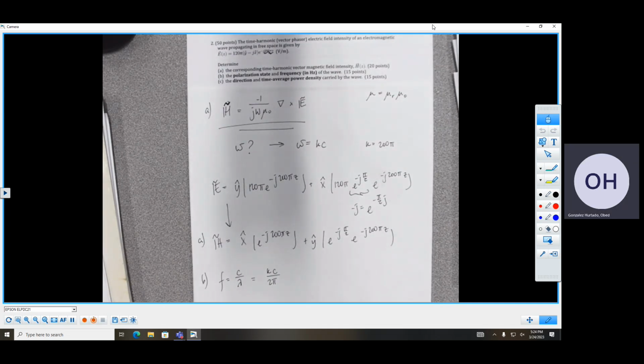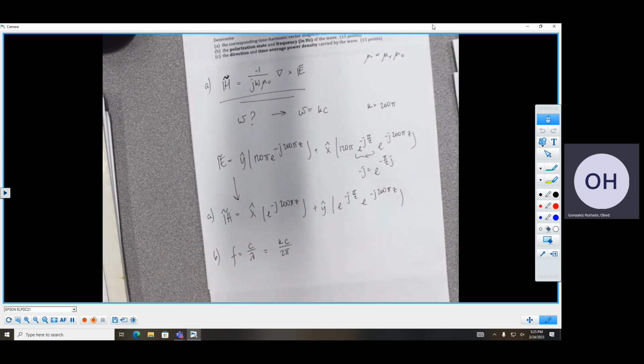Polarization state. It hasn't been covered, and he hasn't assigned chapter 7. I don't remember. If he covers it in lecture Tuesday, then that's the... Because polarization states is at the very end of chapter 7.